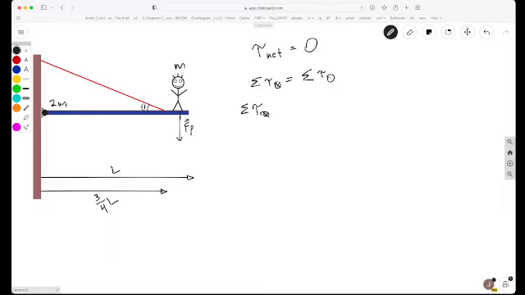This is something we just have to know: gravity acts at the center of mass, or COM, of things. So the center of mass of this plank is just at its center.